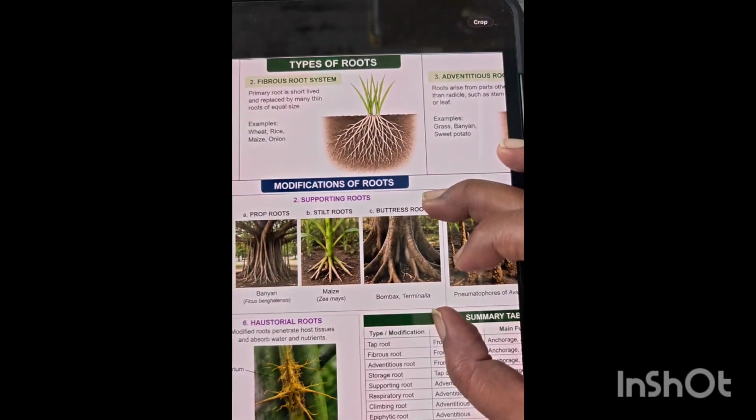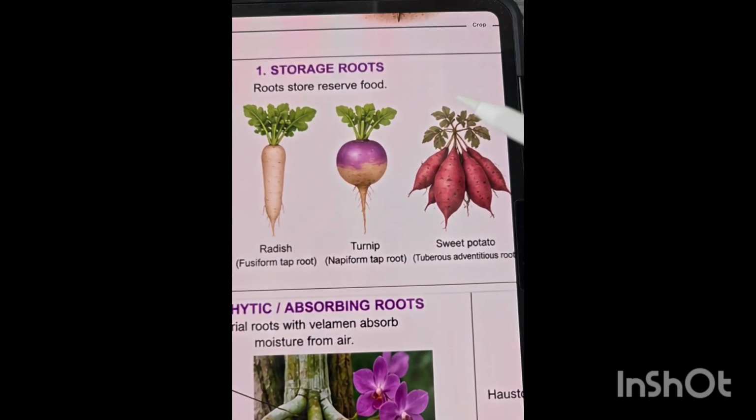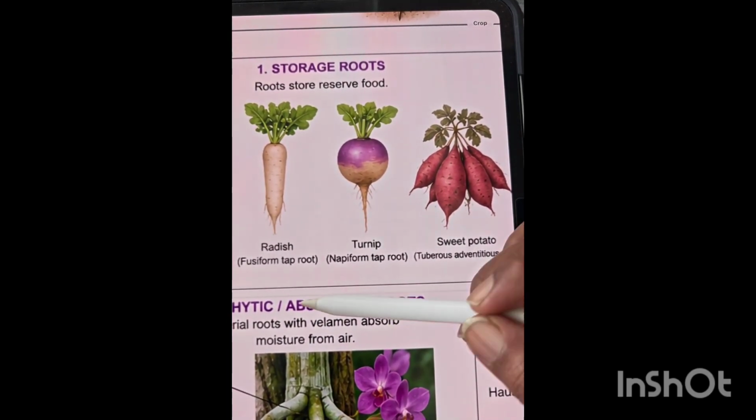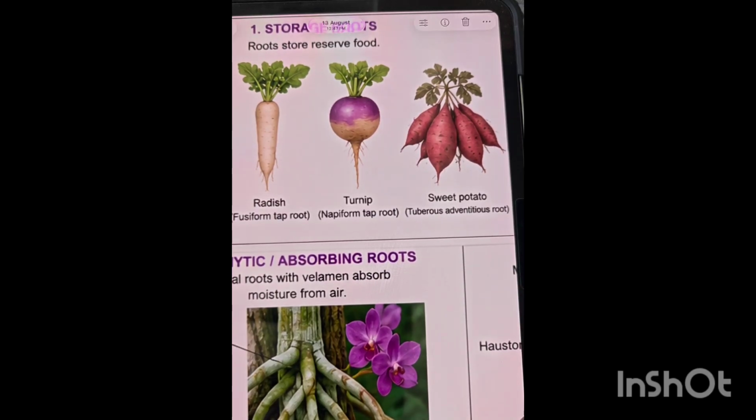Another root is the absorbing root or epiphytic root. The best example is orchids, whose roots absorb the moisture present in the air.